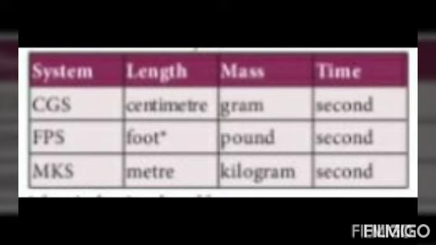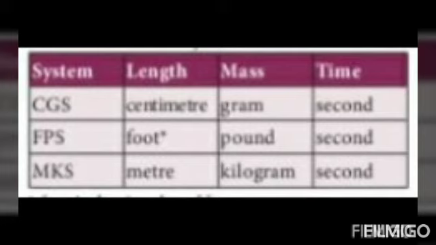Some of the unit systems followed earlier were called the CGS system, FPS system, MKS system. Now see the tabular column. CGS system means centimeter, gram, second. FPS system: foot, pound, second. MKS system: meter, kilogram, second.